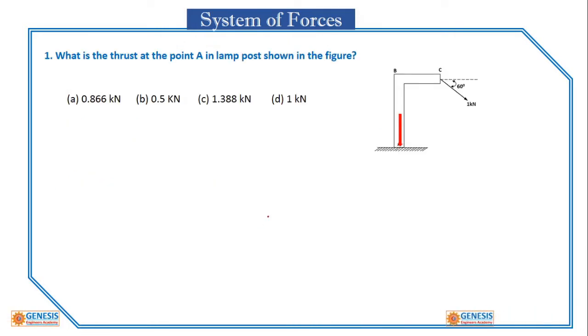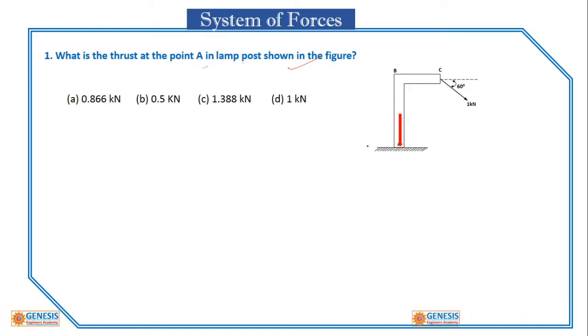So we will solve some problems. First I will concentrate on this figure. This gives us what are the components and what force is acting. What is the thrust at point A in the lamp post shown in the figure?